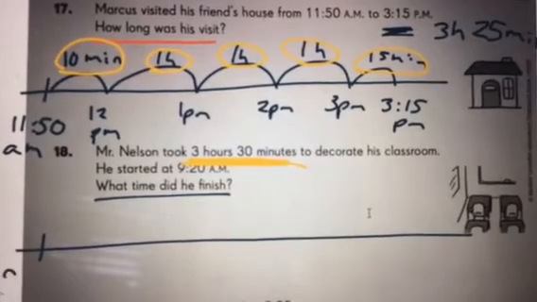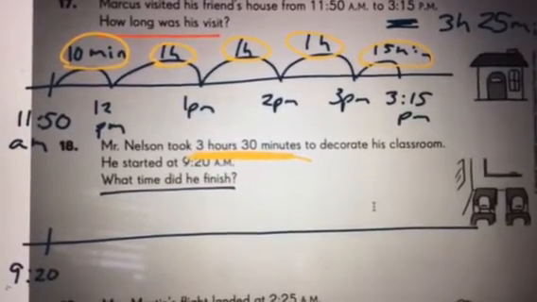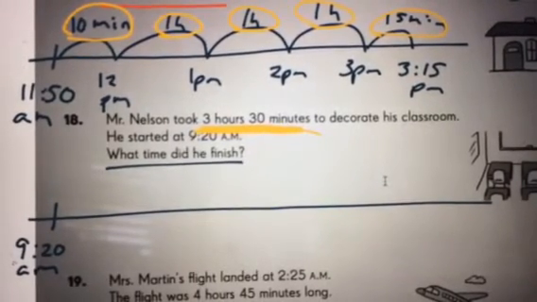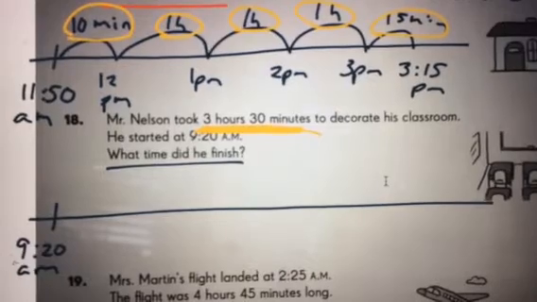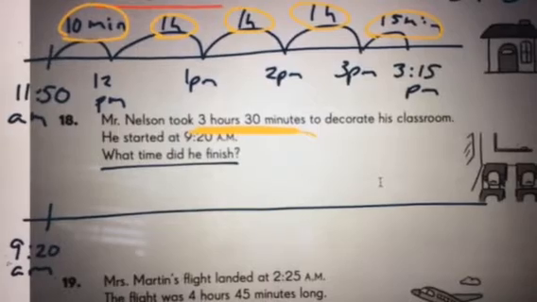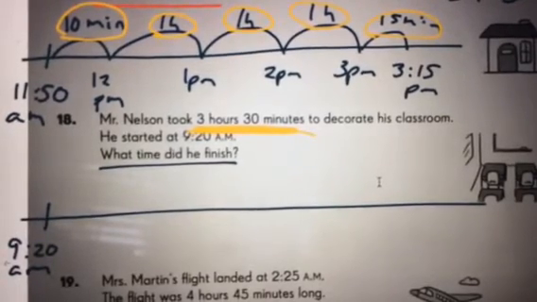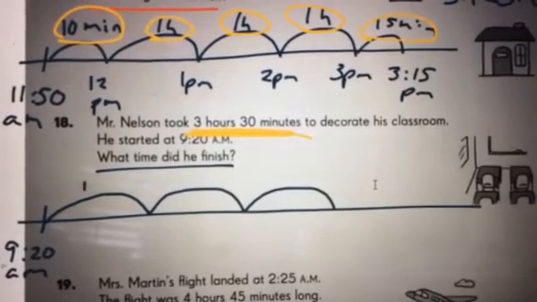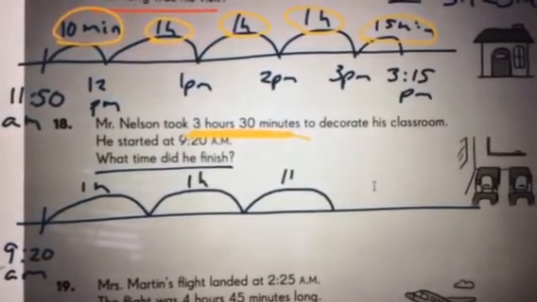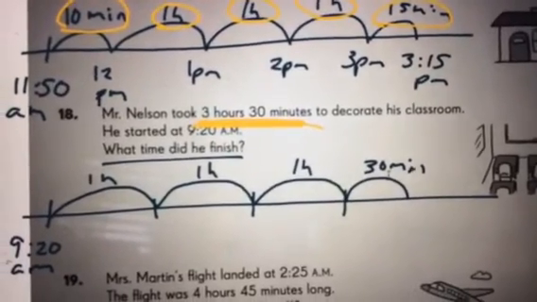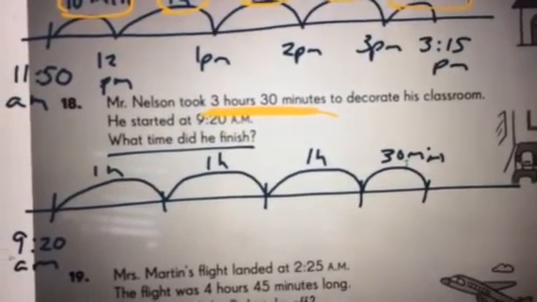So the beginning time was 9:20 a.m. And the problem told us that he decorated his class for 3 hours and 30 minutes. So we go ahead and do this. So starting at 9:20, it's 1, 2, 3 hours, and 30 minutes is how long he took to decorate his classroom, right?